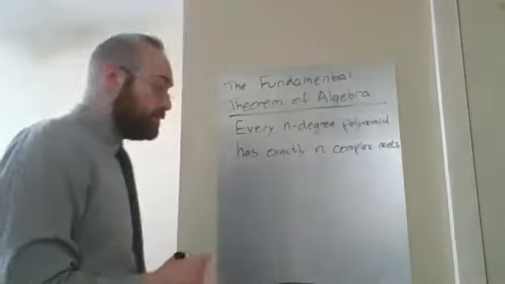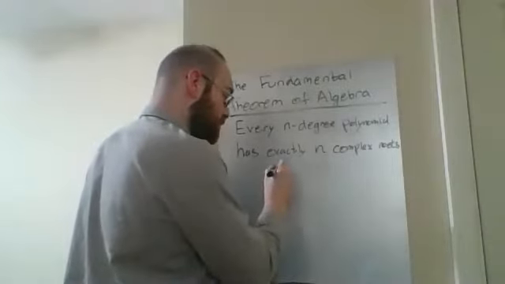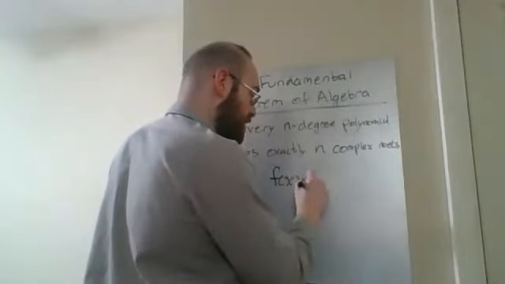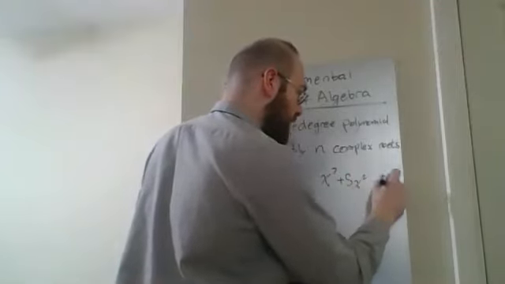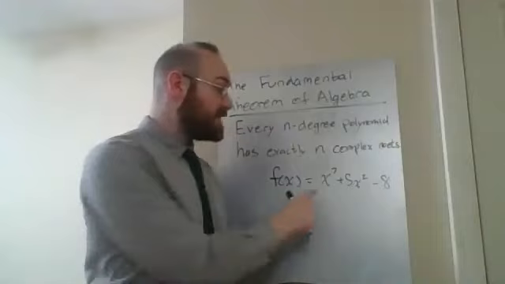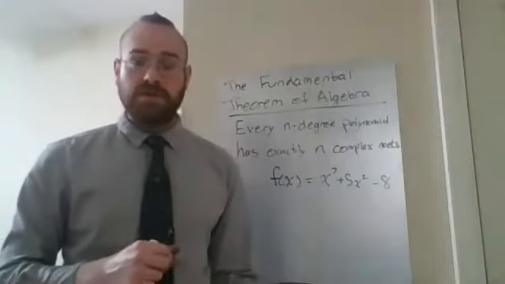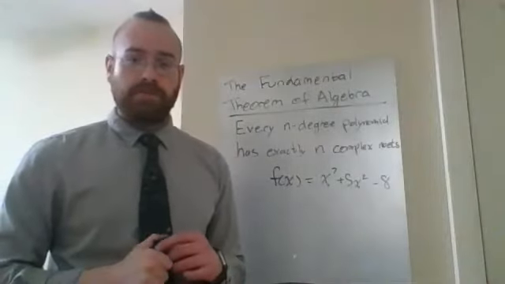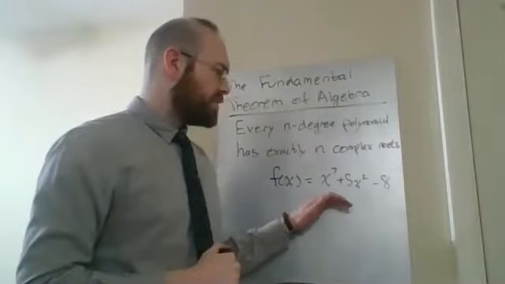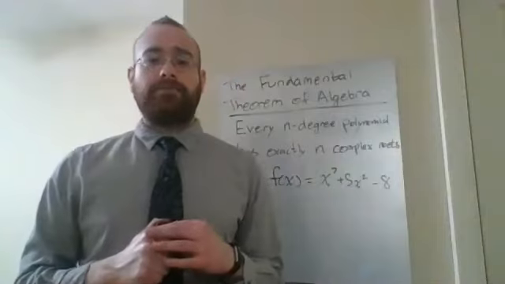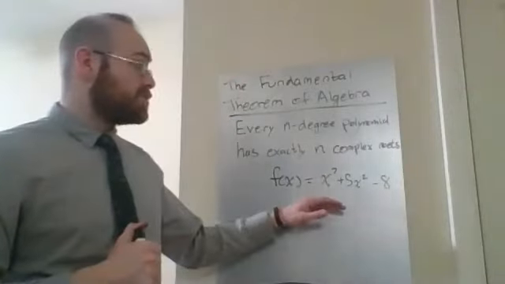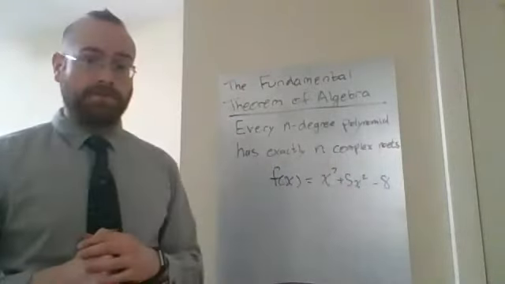One of these is that if we have a function like f of x equals x to the 7th plus 5x squared minus 8, there are 7 numbers, 7 zeros, to this function. Now, they're probably going to be irrational because I just made this function up, but irrational numbers are still complex numbers.